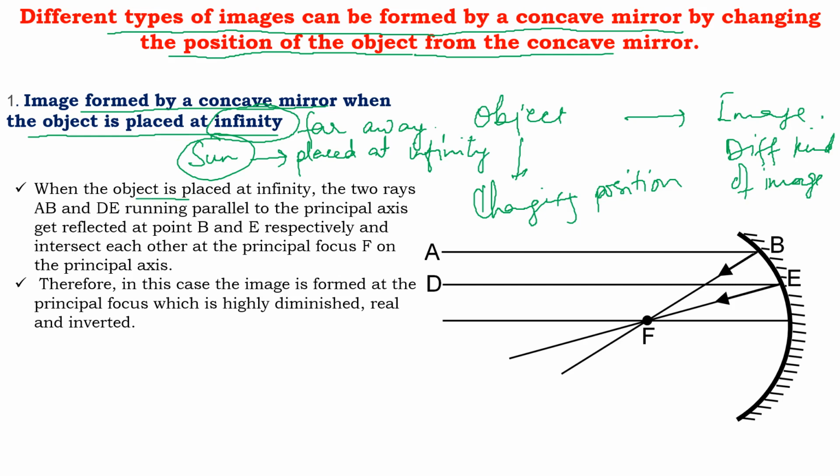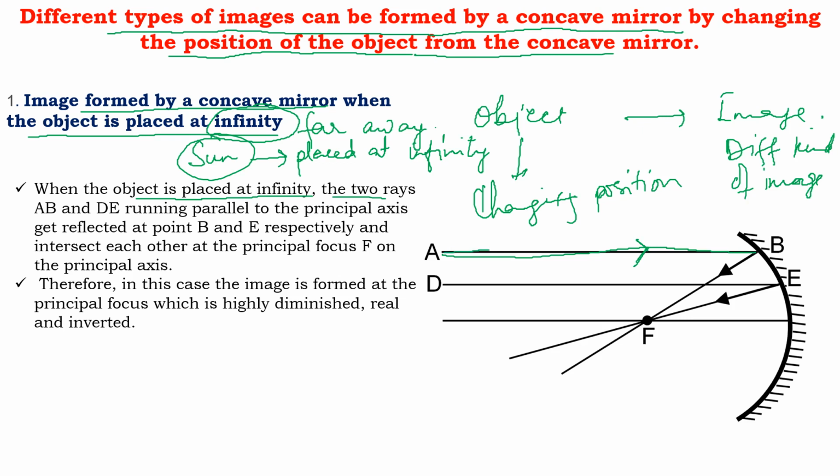When an object is placed at infinity, you can see the ray AB which is coming parallel to the principal axis. How is it coming parallel to the principal axis? This is the rule of image formation we have studied.